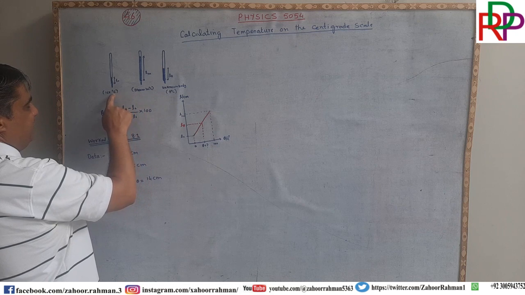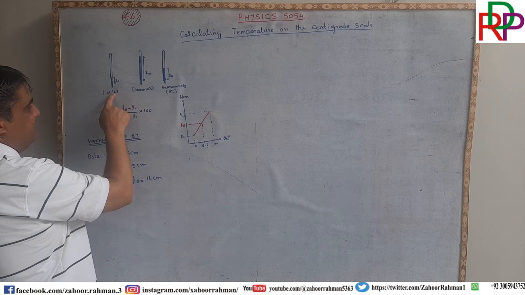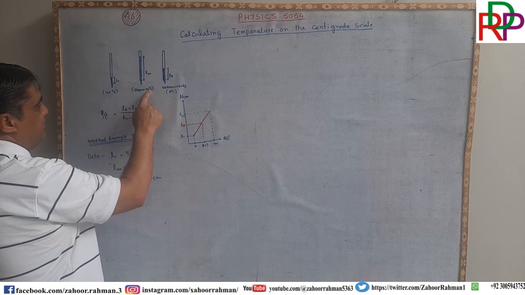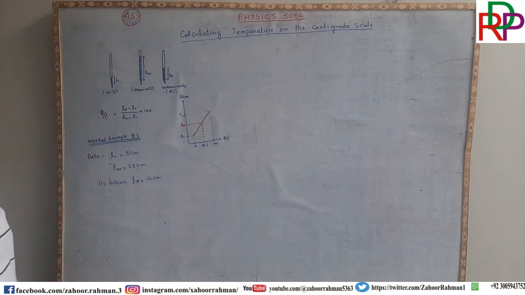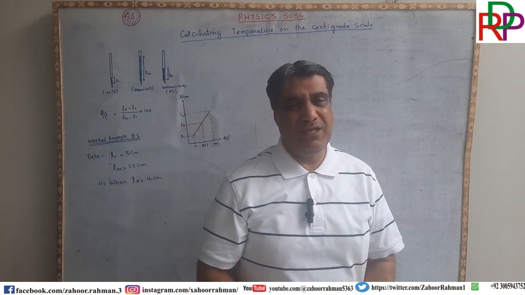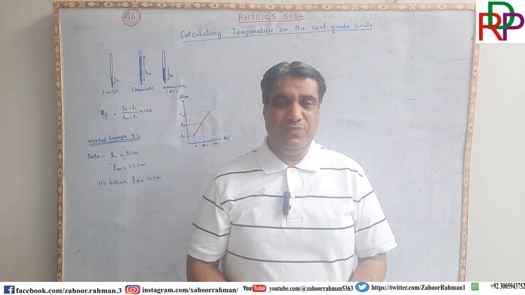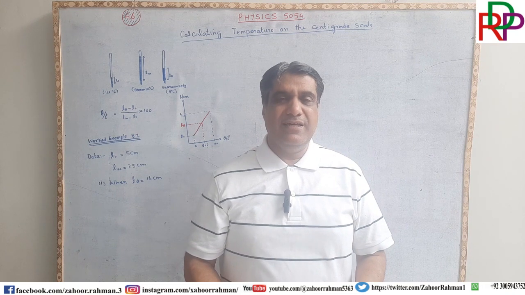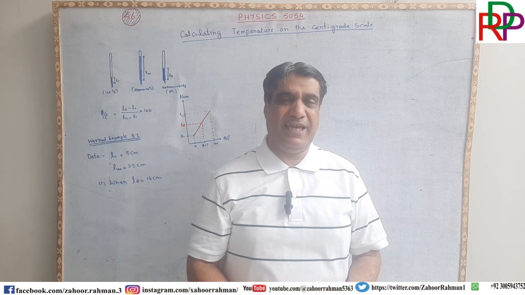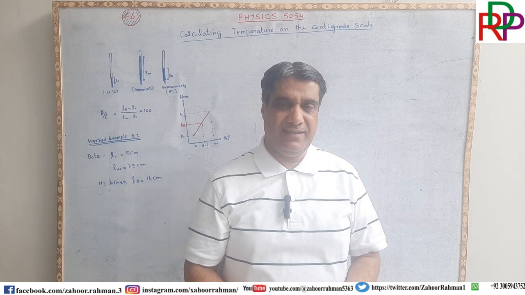This is when the thermometer is immersed in the ice, and this is when the thermometer is immersed in steam. Here we will denote it by 0 degree centigrade, and in the steam case we will denote it by 100 degrees centigrade. These are the two lengths, but we need another length, the length of the unknown body of which we want to find the temperature, and we will call that L theta.